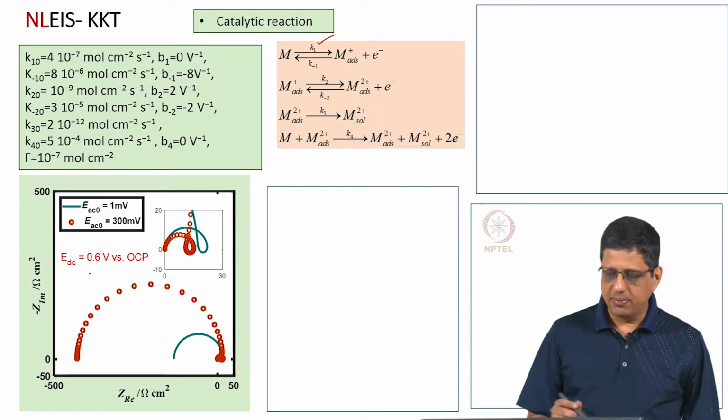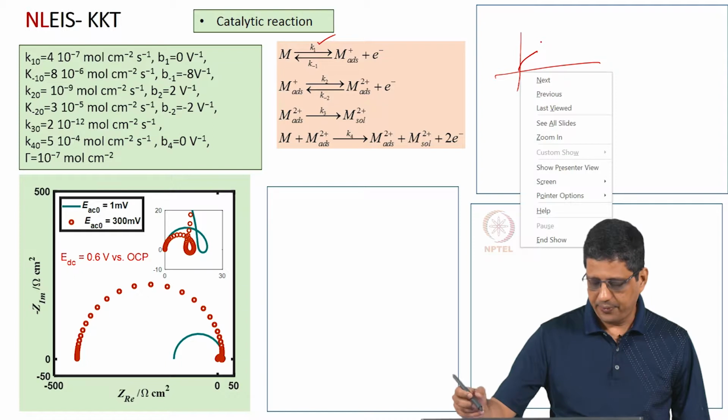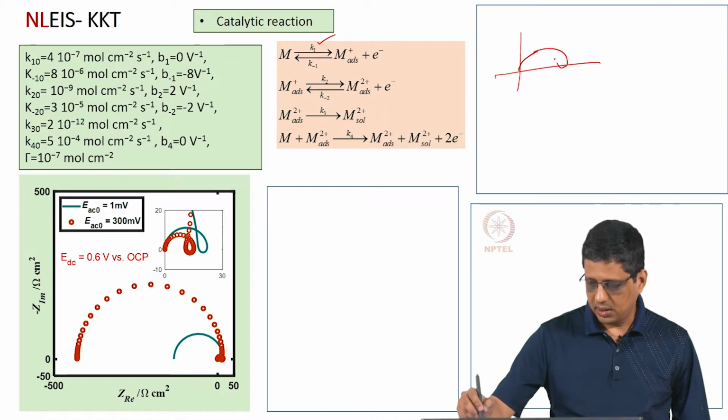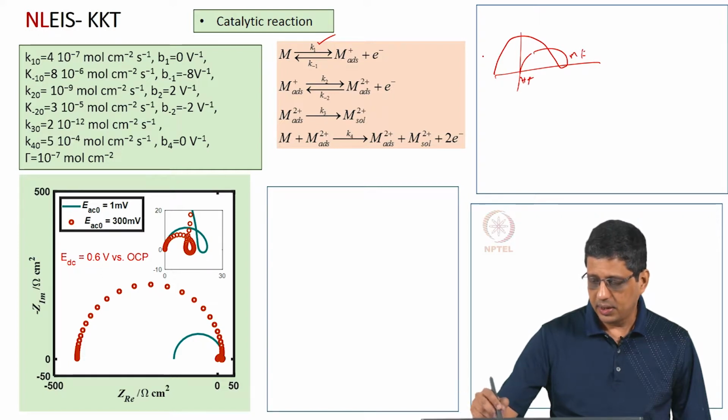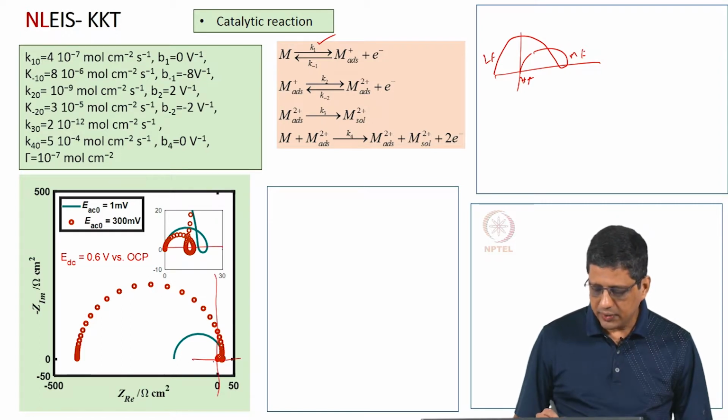And this is one of the examples where we see negative differential impedance. It comes like this. This is the high frequency, mid frequency and low frequency data. So, actually this is the origin. It is not very clear, so I zoomed in here.